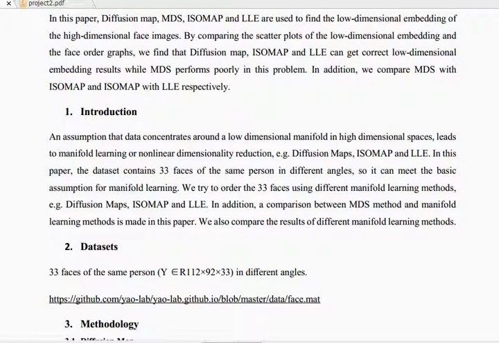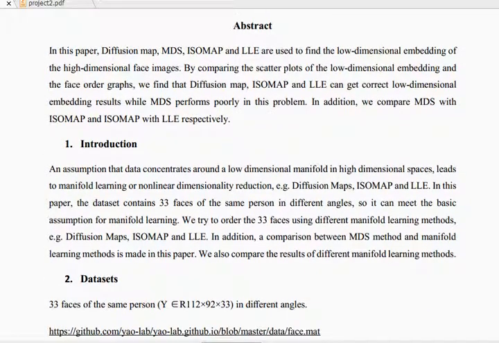First, an assumption: if we want to use manifold learning to reduce high-dimensional data, the data needs to concentrate around a low-dimensional manifold.